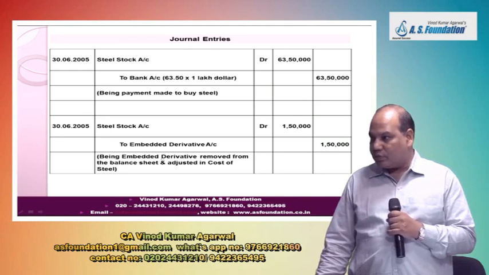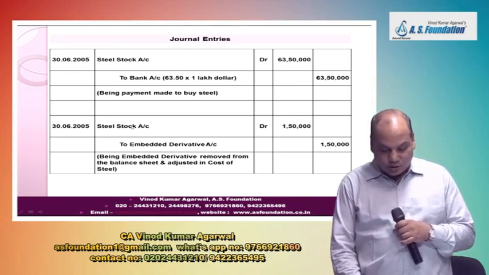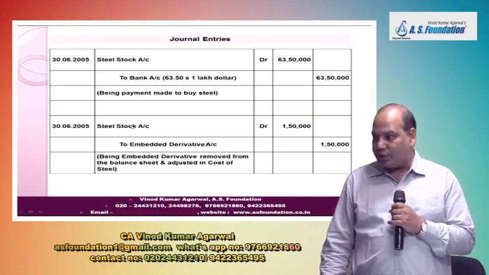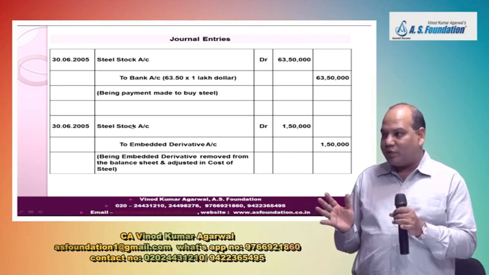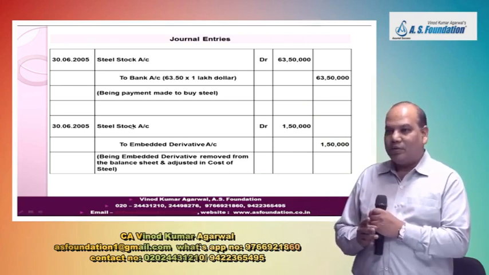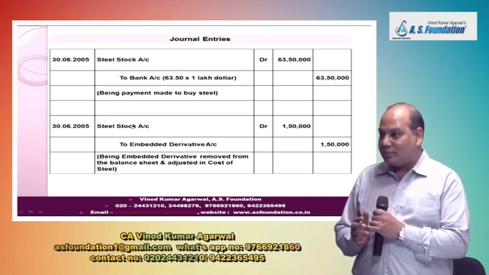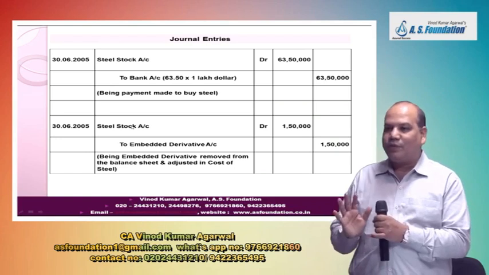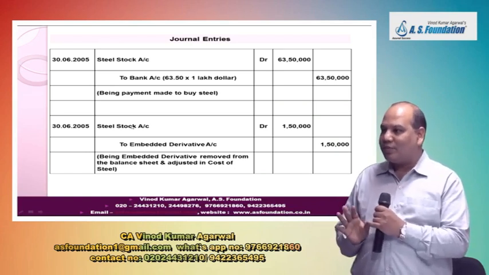What is the purpose of the substance over form? When you entered into this contract, the rate of exchange was how much? 65, which means you had purchased the steel whose value was 65 lakh, but it has an embedded derivative. So by using the embedded derivative, you are trying to shift the profit from one period to another period.